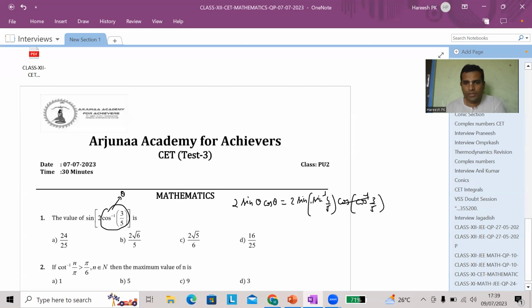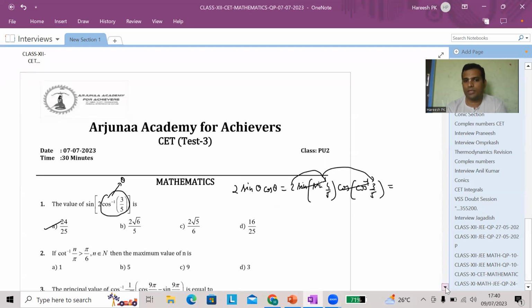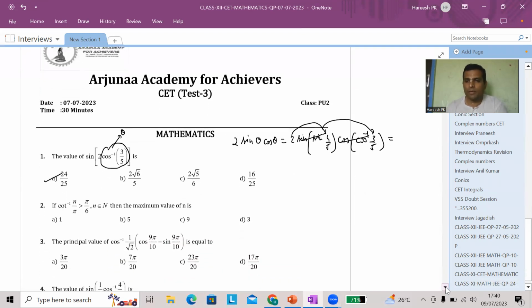So cos and cos inverse gets cancelled, sine and sine inverse cancels. So you get 2 into 4 into 3, which is 24 by 25. So that's option A. All right. So straightforward, just use the formula sine 2 theta, and to cancel sine and sine inverse, you express theta in terms of sine inverse. Next one.